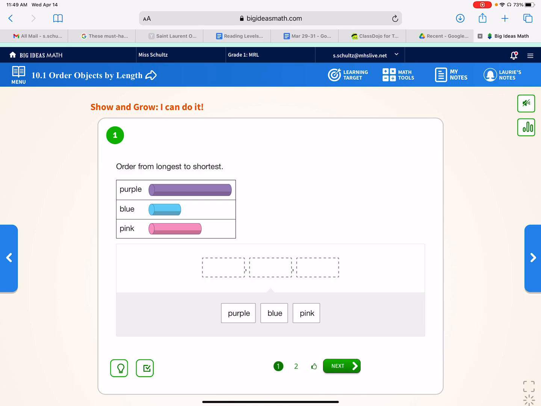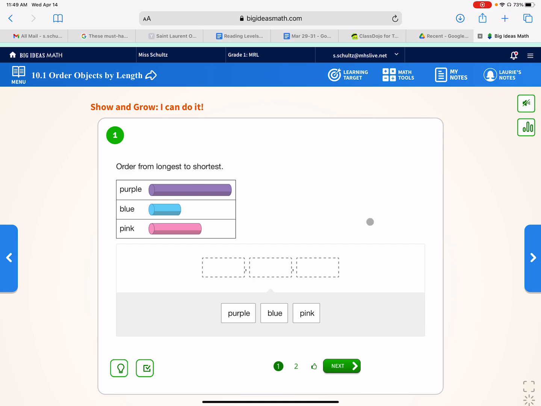But if we're looking at 100 on the number line and seeing how far it is from 0, it's going to be very far away from 0 because it's 100. So if you were looking from 0 to 100 on the number line, it's going to be considered very long. And if you were looking from 0 to 1 on the number line, it's going to be considered very, very short.